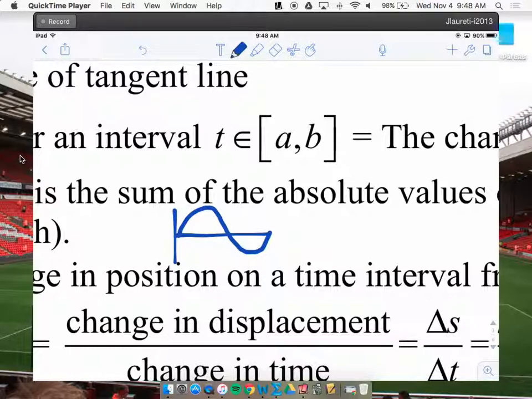I might have only walked 5 steps from where I started, but my distance, even though I walk back and forth, is more than 5. So anytime you change direction, you still need to account for distance traveled.